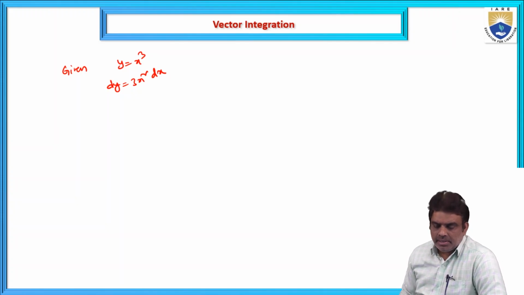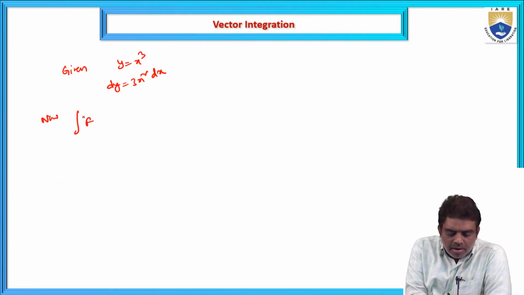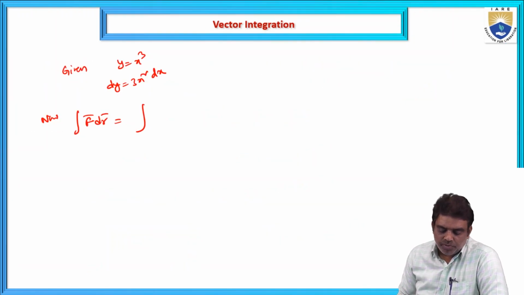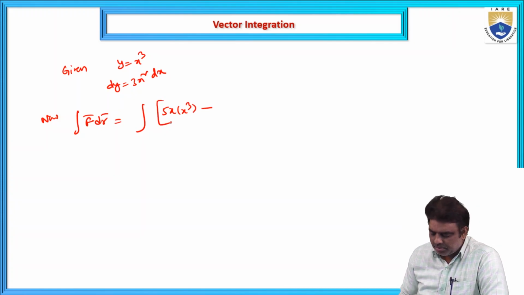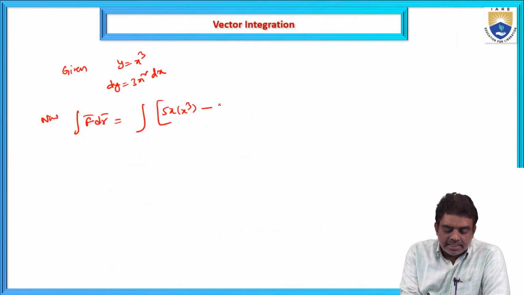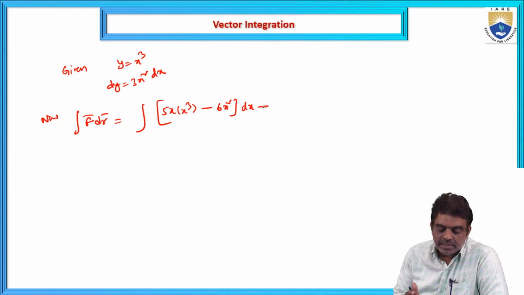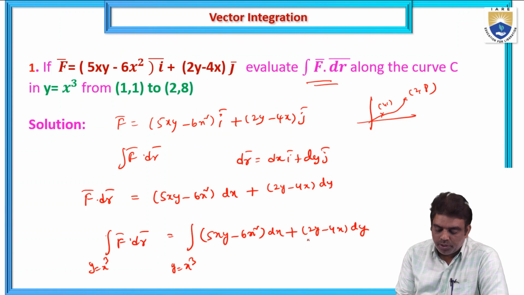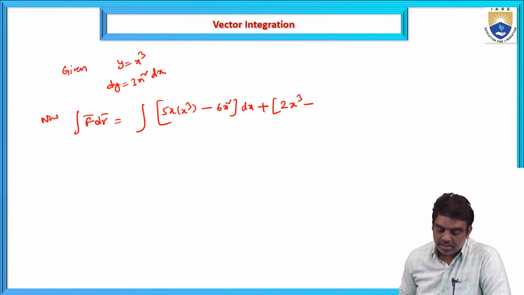And all the terms can be written in terms of x. So now the integral of f bar dot dr bar will be the integral, where I replace y by x cube: 5x into y means x cube, I am converting all the terms into x, minus 6x square as it is, dx, plus 2 into y, that means 2x cube, minus 4x into dy.